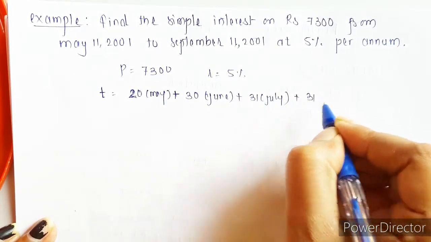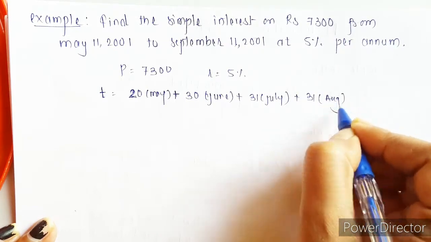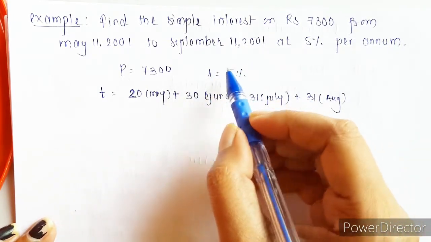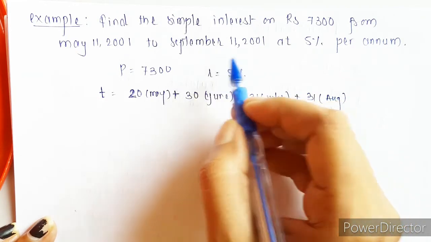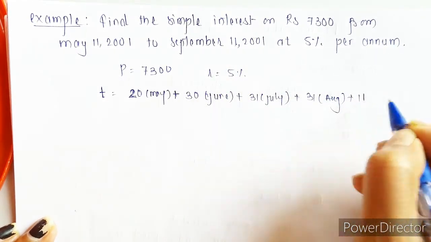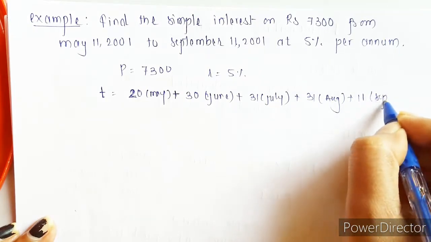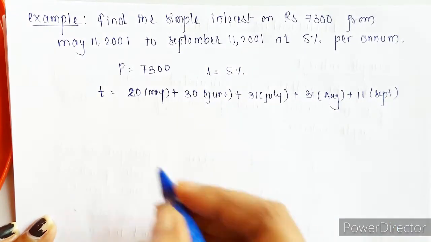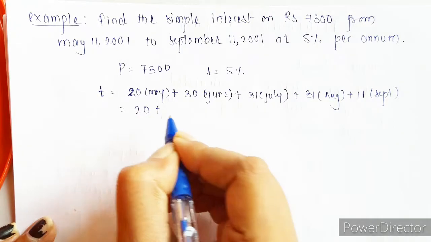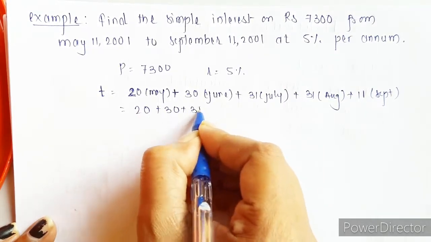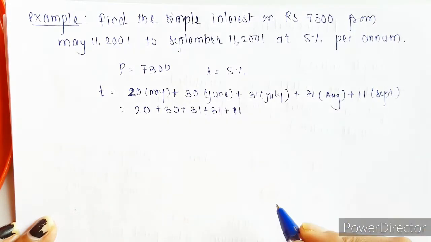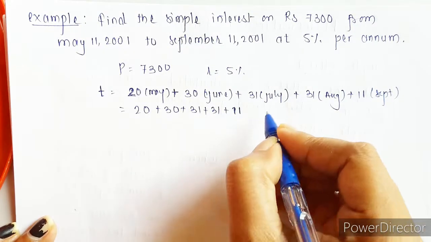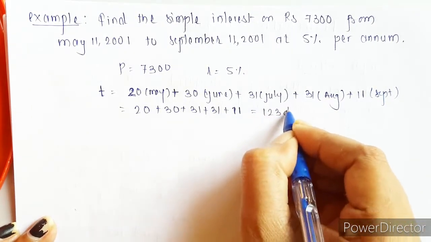August again 31. And September, it is till 11, so this is going to be 11 days of September. So total it is 20 plus 30, 31 of July, 31 of August and 11 of September. So it is total 123 days.